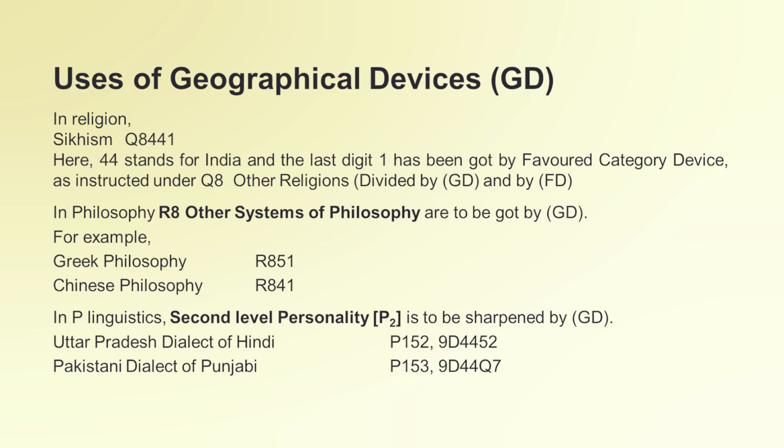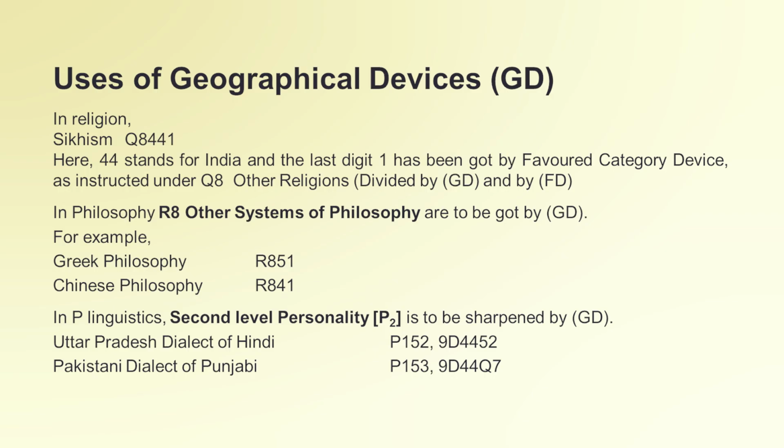Again, in main class P linguistics, the second level personality facet is to be sharpened by geographical device, such as Uttar Pradesh dialect of Hindi. Here, the main class is linguistics P, then Hindi, the language facet of linguistics, is 152, then 9D is the notation for dialect.